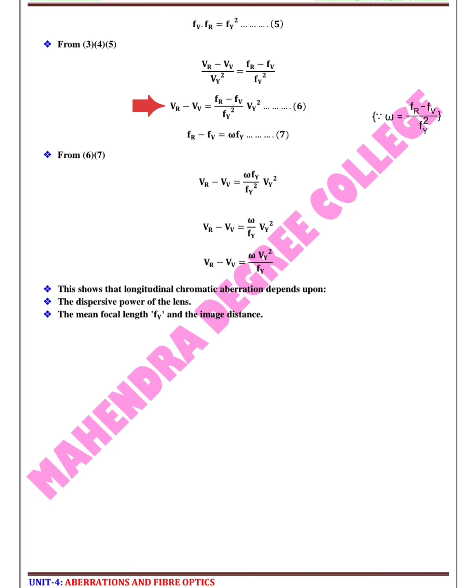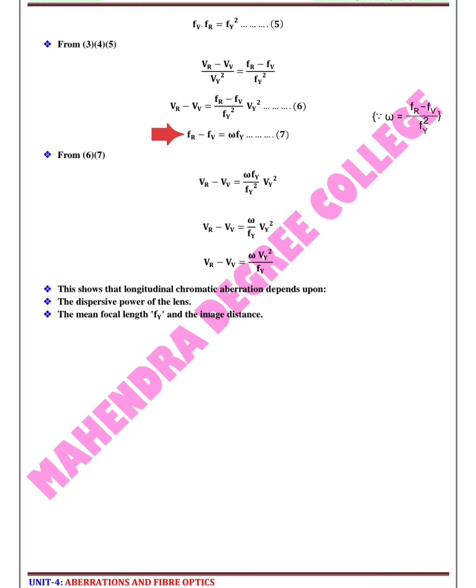This is the equation number 6. From optics theory, the focal length difference is related to dispersive power omega, given by omega equals (Fr minus Fv) by Fy square, so Fr minus Fv equals omega Fy. This is the equation number 7.